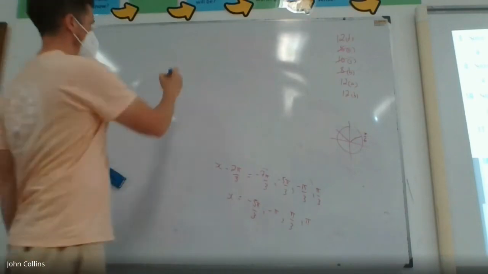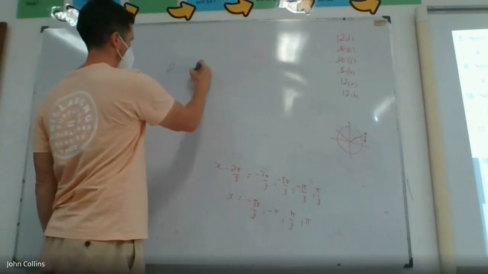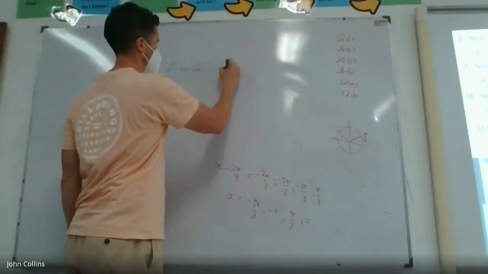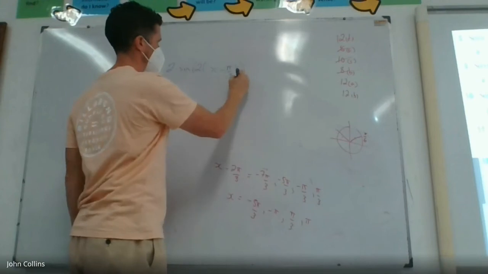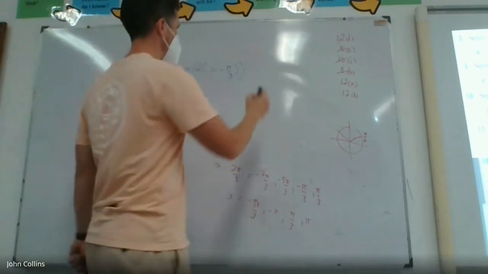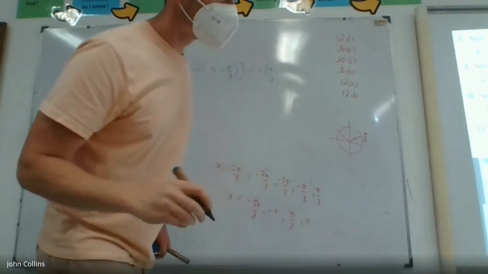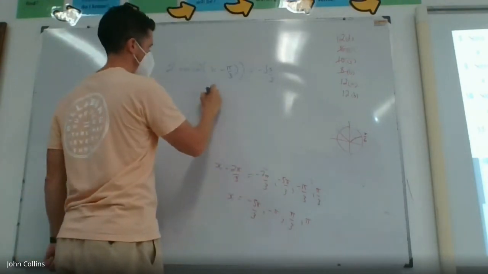And let's do it. 2 sine (2x minus pi over 3) minus root 3. What's our domain? 0 and 2 pi. It's not that different.